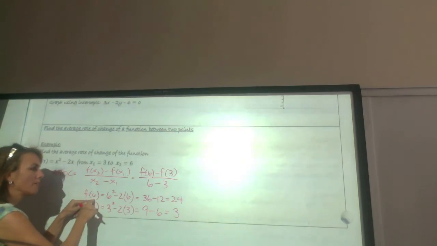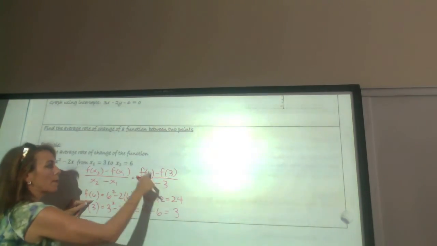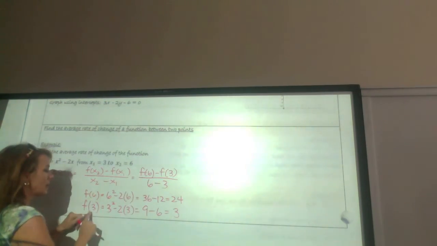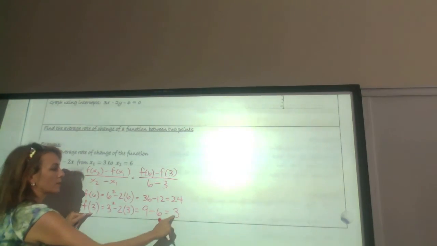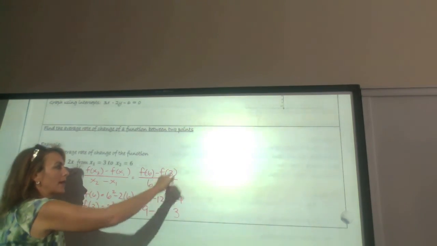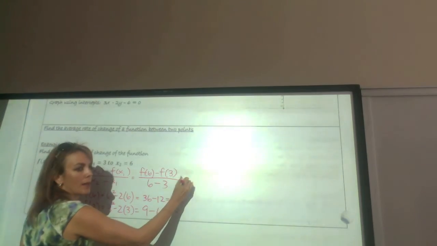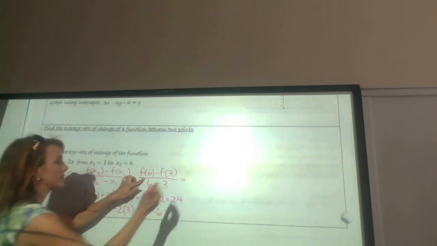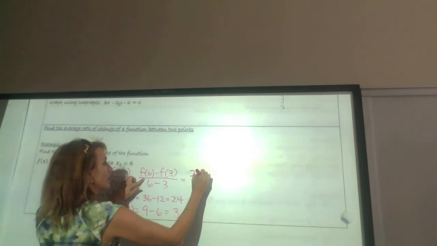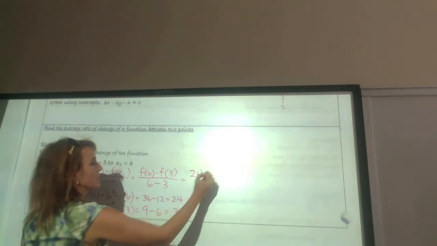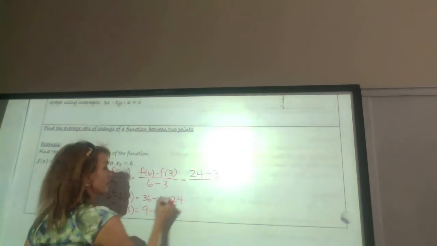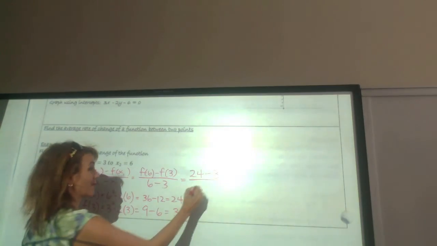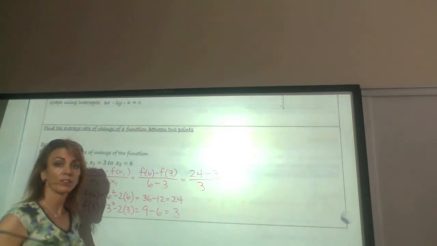So now I know f of 6 is 24. I'm going to replace that here. And I know f of 3 is equal to 3. I'm going to replace that here. So let's go ahead and look at that. f of 6 changes to 24. f of 3 changes to 3. And then I've got 6 minus 3, which is also known as 3. All right, so let's finish this up.